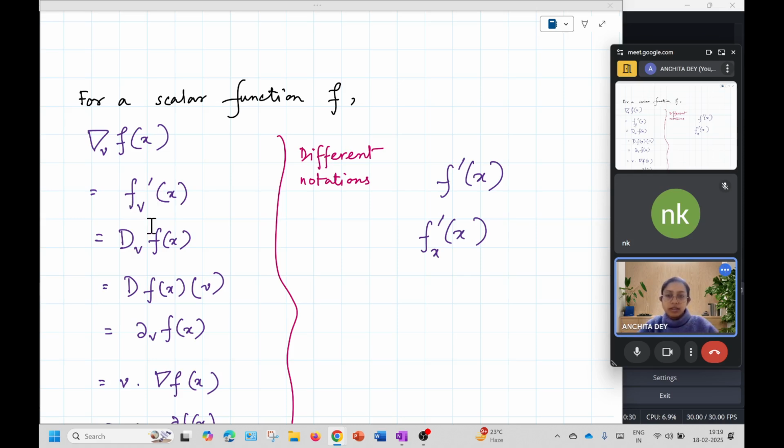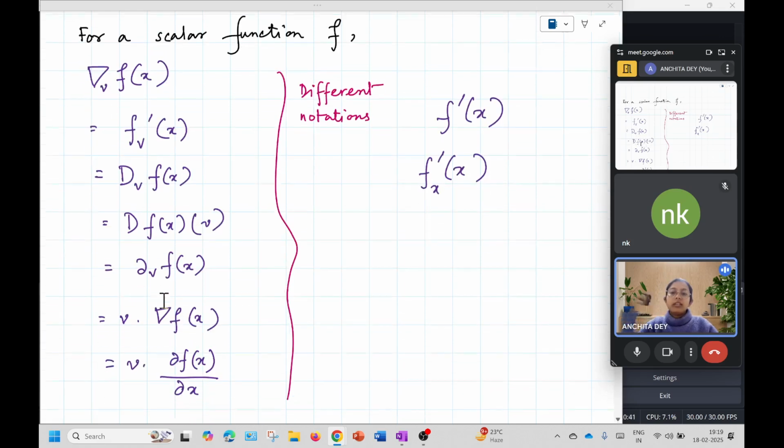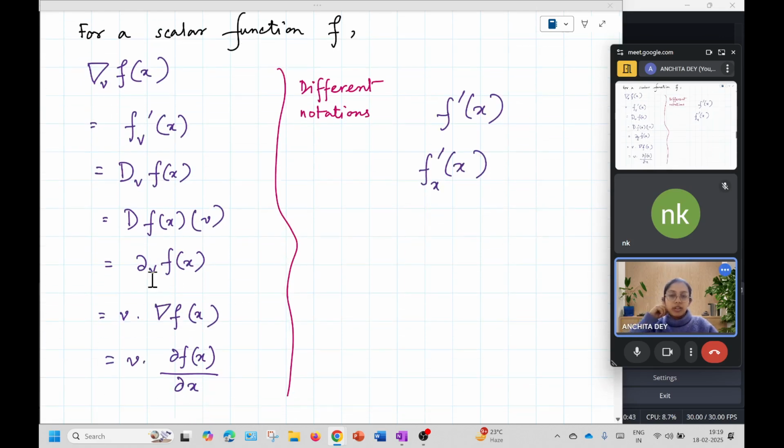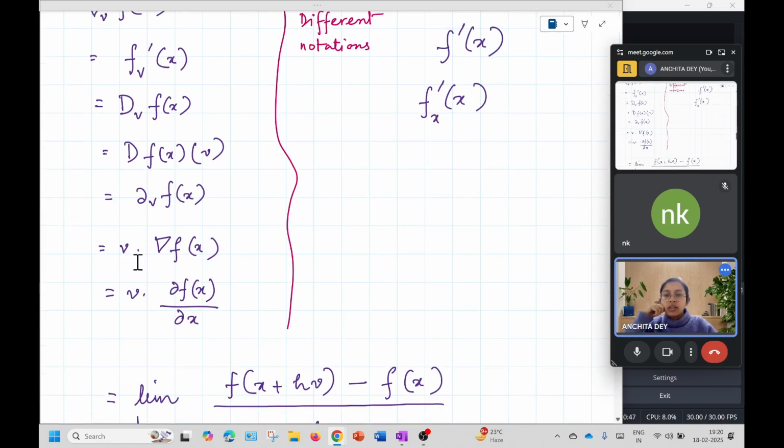We can also write it as d f of x in the direction of v, or d f of x with respect to v. Or we can use the dou sign, dou f of x, and in the subscript you put v. These are also some of the notations. You can also write v into nabla f x, or v into dou f x, dou x.